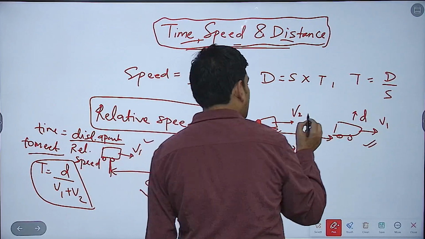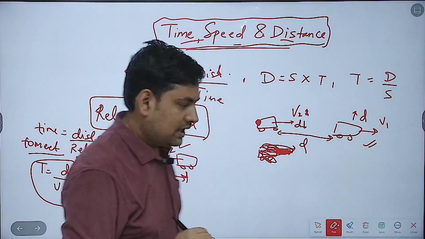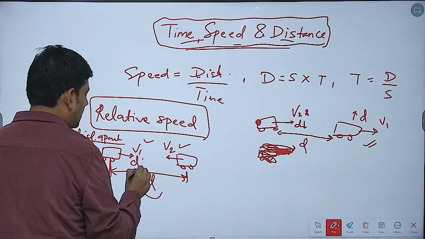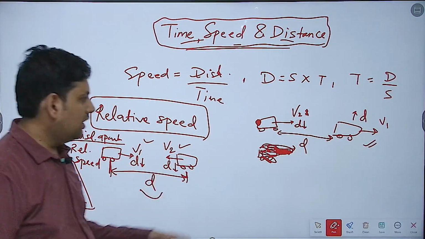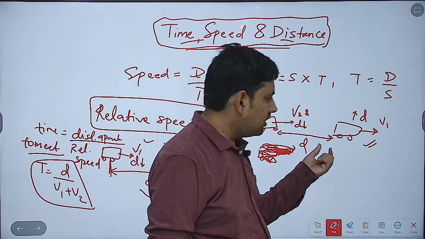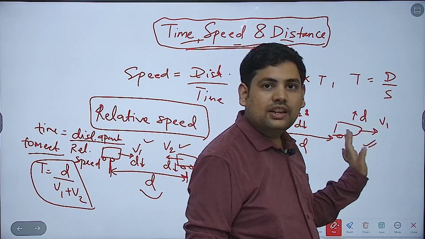So this is trying to decrease the distance. In the earlier case, this is also trying to decrease the distance, and this is also trying to decrease the distance. That's why they got added. Here this one is trying to decrease the distance, but this one is trying to increase the distance. That's why they will be subtracted.